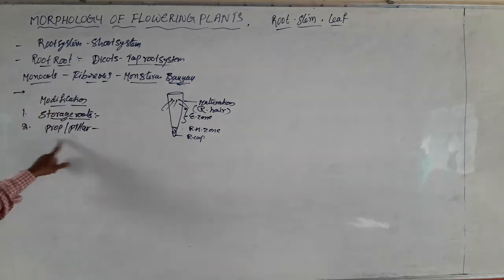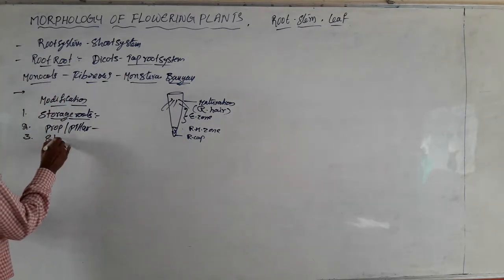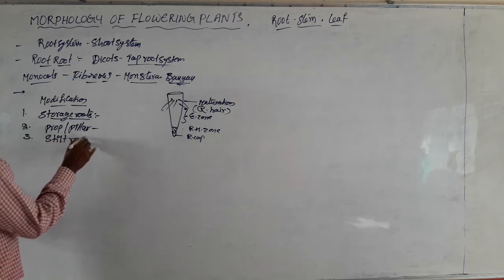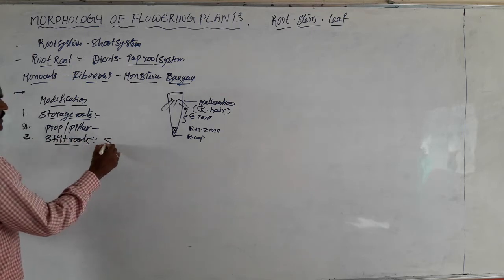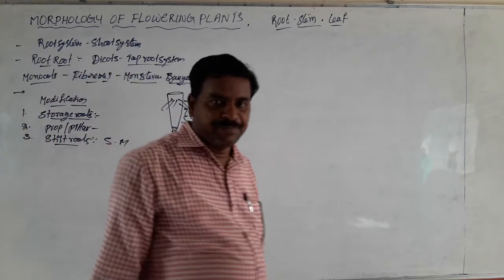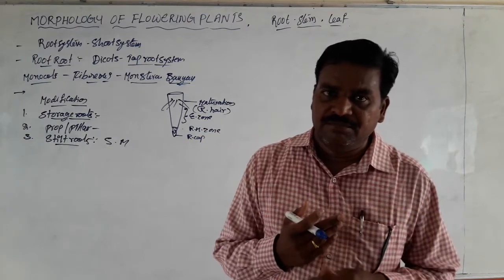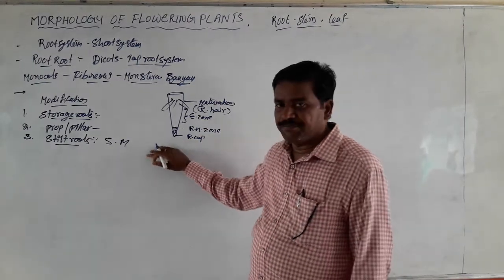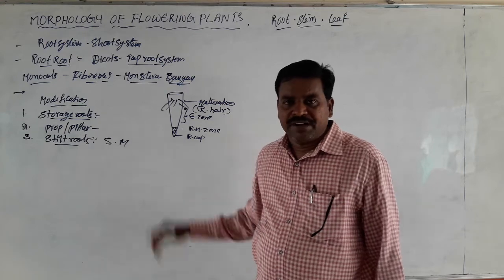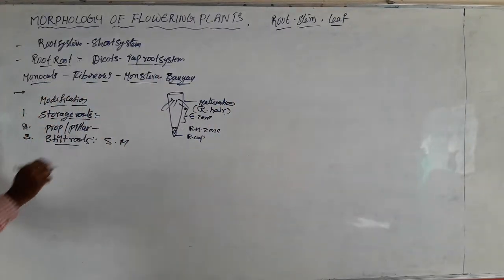And the third one, stilt roots. In case of sugarcane and maize, some adventitious roots are formed from the lower nodes of the stem and they provide mechanical support. These are also mechanical supporting roots.